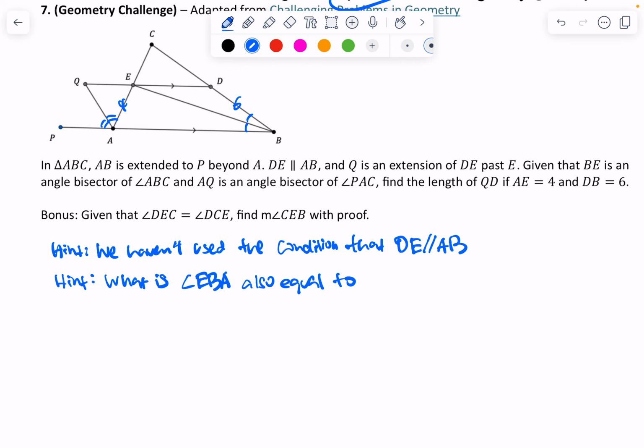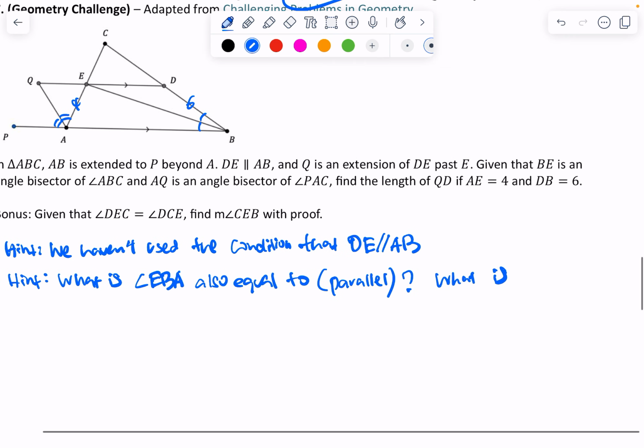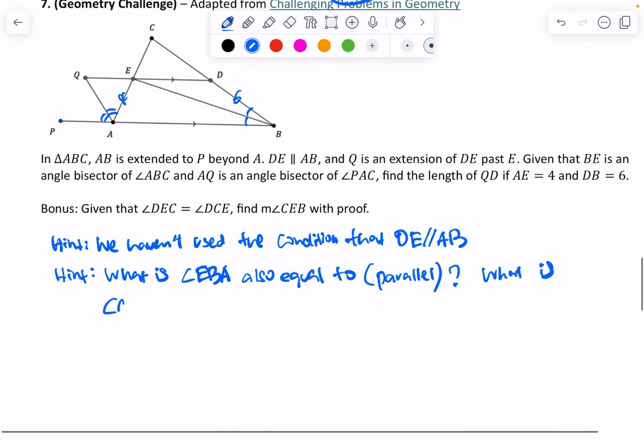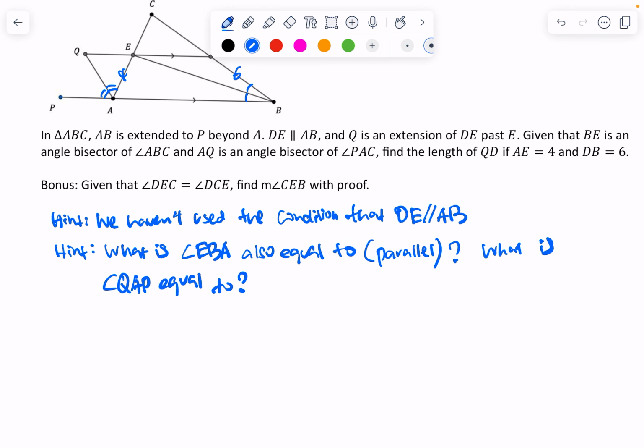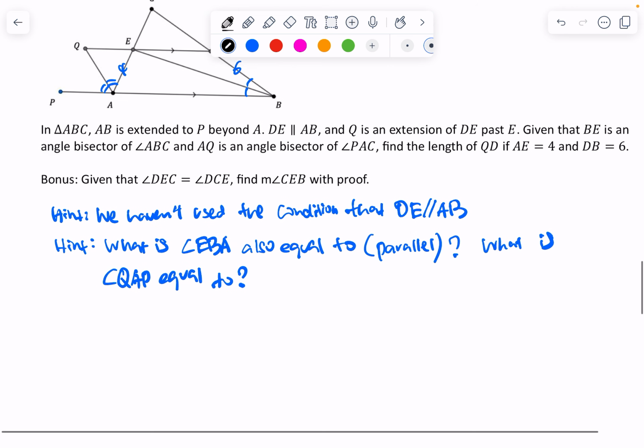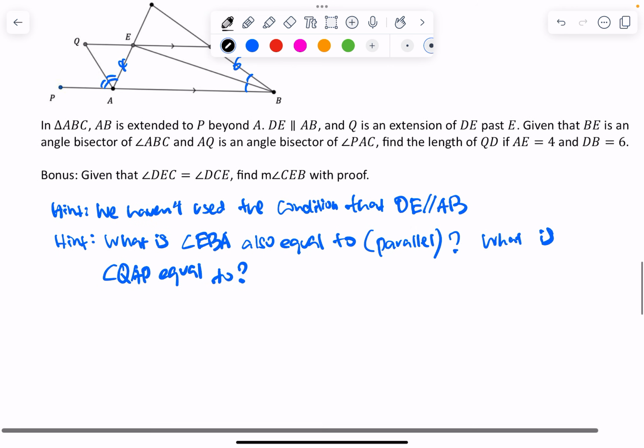What is another angle that EBA is equal to, given that it's parallel? What is QAP equal to? Right, here's another hint. So pause the video again, try to figure it out yourself.